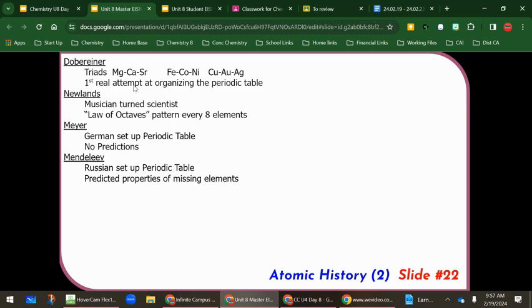This would have been the periodic table on the wall. 85 didn't have a symbol or a name. 87 didn't have a symbol and a name yet. There wasn't anything over 92. Nope, not yet.